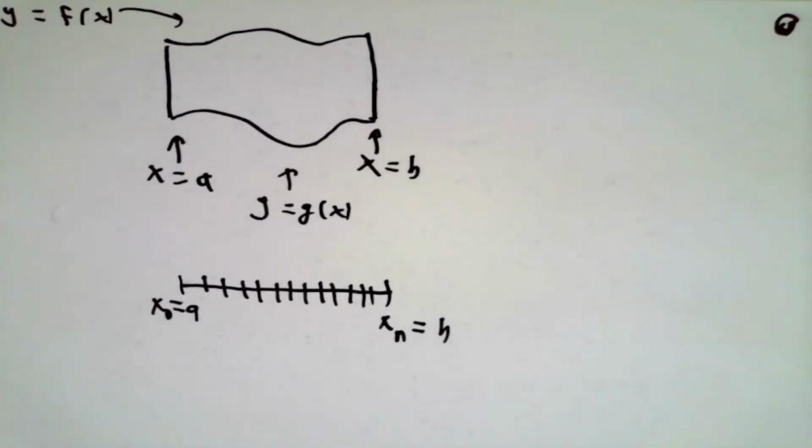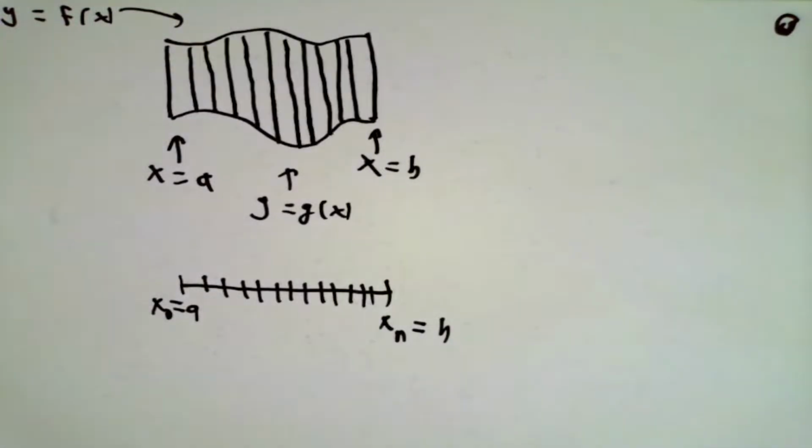I don't care if the region is above or below this horizontal line. This divides my region, whose area that I want to know, up into a bunch of smaller chunks, each one of which almost looks like a rectangle. Let's think about one of these in particular.